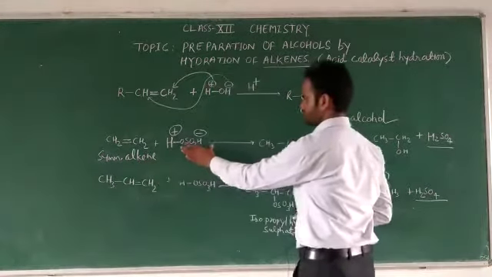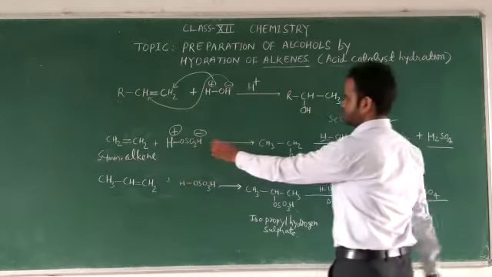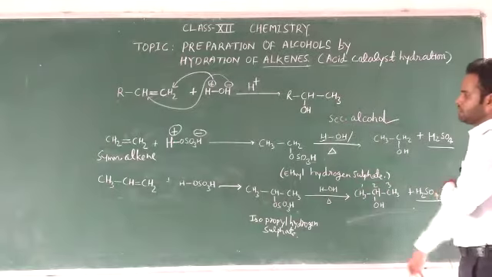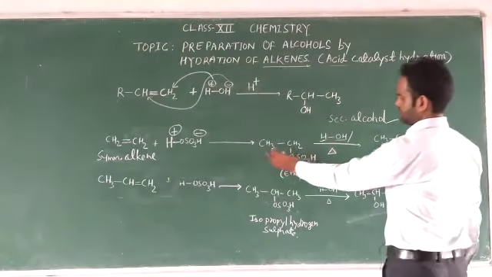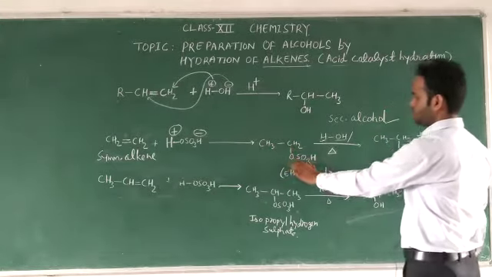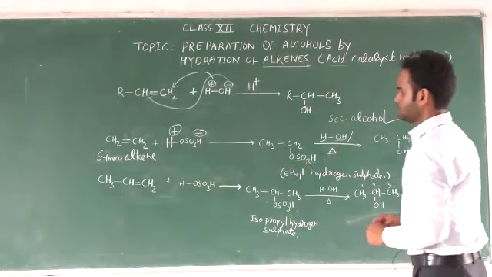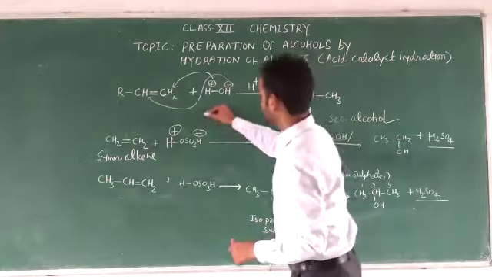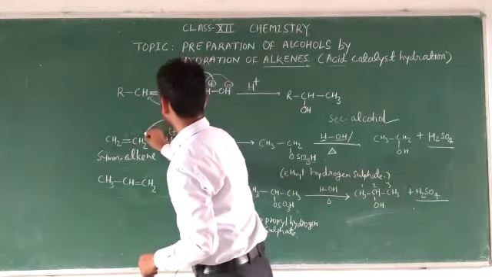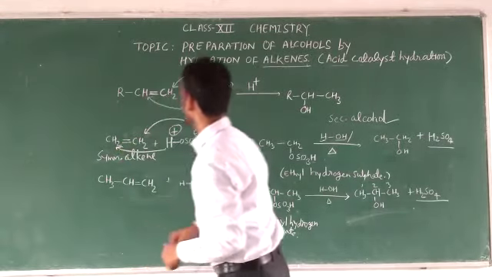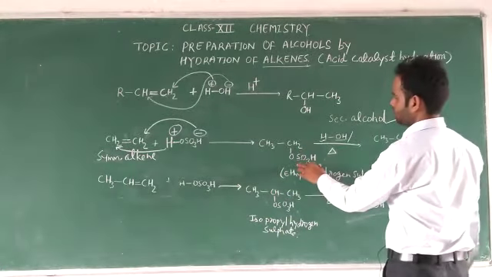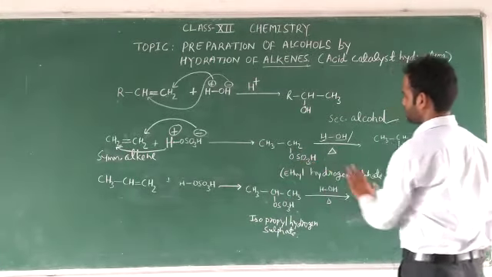After reacting with H2SO4 in dissociated form, H+ and OSO3H negative part, we get the product CH3CH2OSO3H, because the negative part goes here and the positive part goes here.